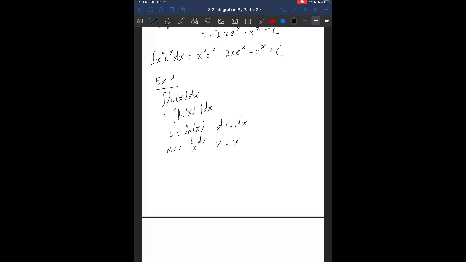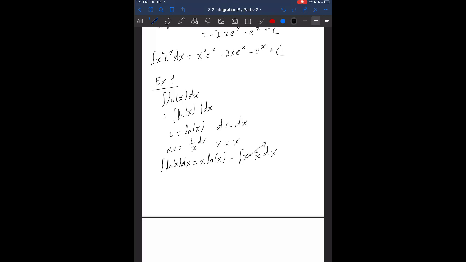So now we can take all of this information, we can plug it into our integration by parts formula, and we can get out our answer. So our answer is going to be this natural log of x dx is equal to u times v, x log x, minus the integral of v du, so x times 1 over x dx.